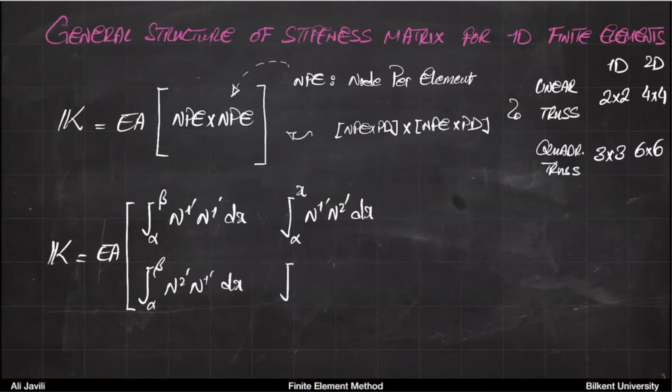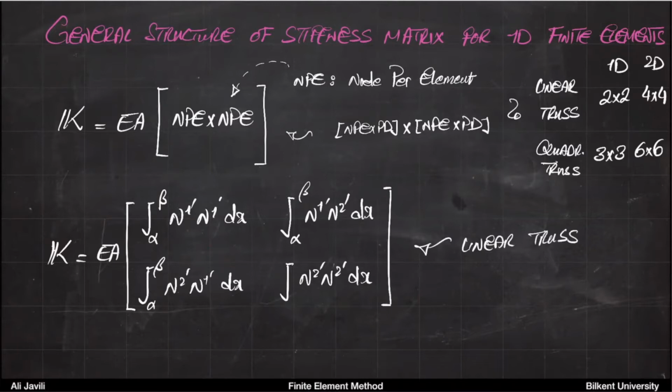And this would be n2 prime n2 prime dx. And also, again, you can see that it is symmetric. So the symmetry is clear here. Okay. So this would be your stiffness matrix for 1D, for a linear truss element.